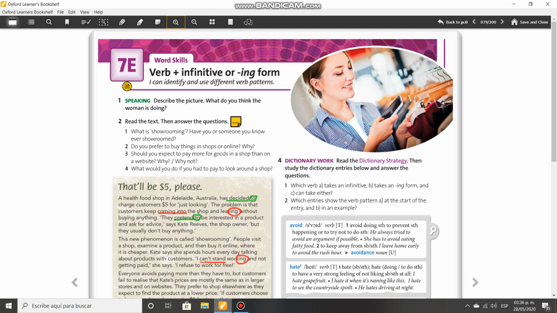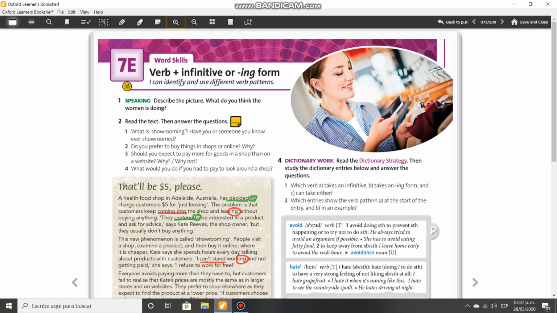So please, today we're going to work with lesson 7E, okay? As you can see in the videos that I sent you in the last class, we're going to check the verb patterns, okay? What is this? As you know, sometimes we use the word to and the verb in infinitive, and sometimes we use some verbs like enjoy, prefer, and next to these verbs we use the other verb with the ing form.